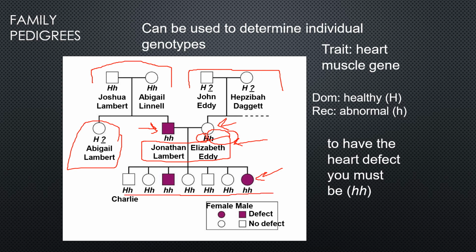And we know that the ones that don't have the defect have to be heterozygous because Jonathan was homozygous, so all he can contribute is a recessive allele. So that means that each of these children have at least one homozygous recessive allele.